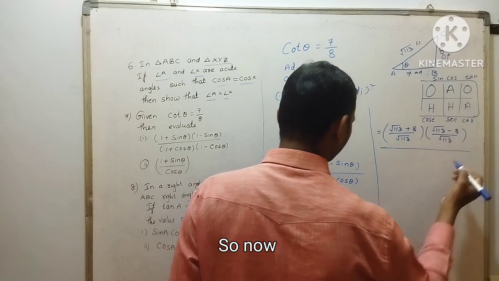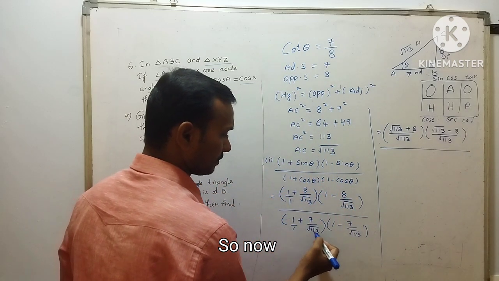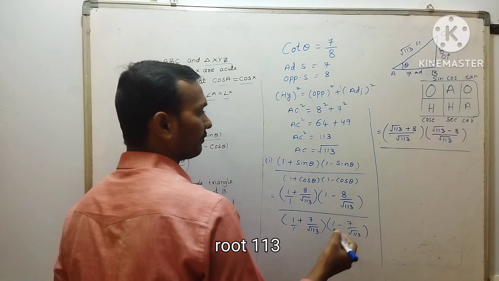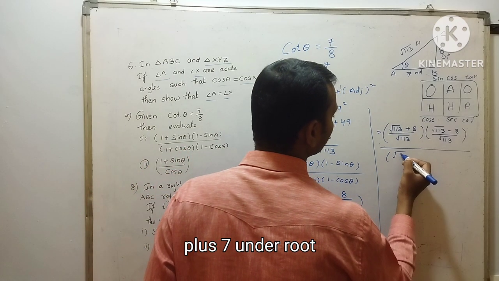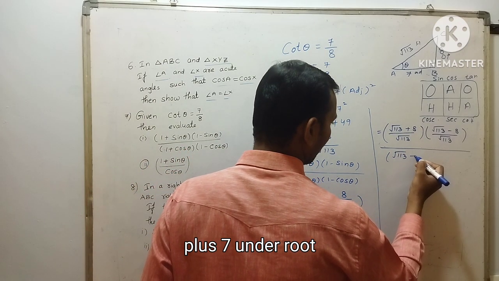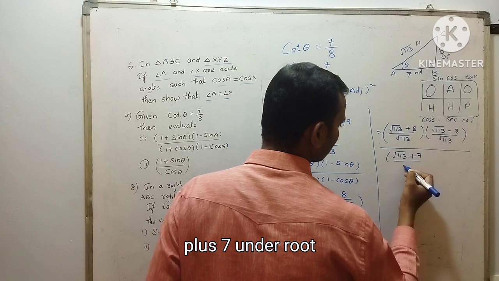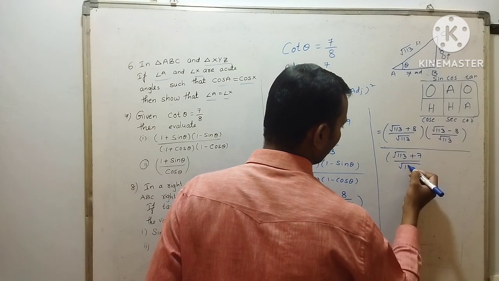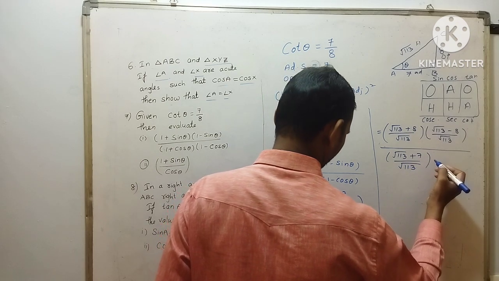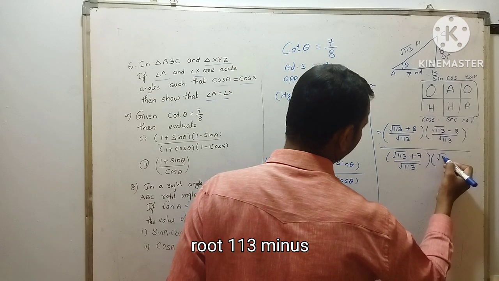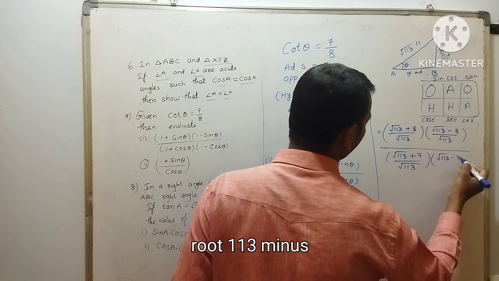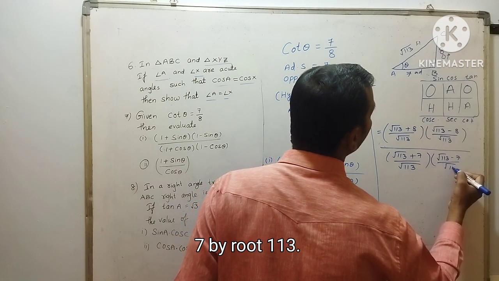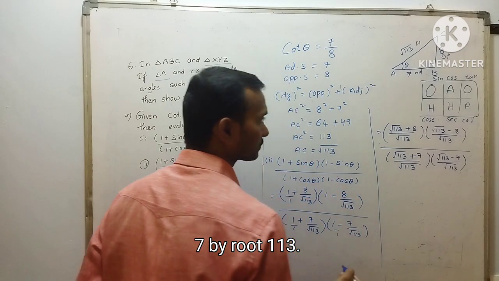So now root 113 plus 7 under root of 113, root 113 minus 7 by root 113.